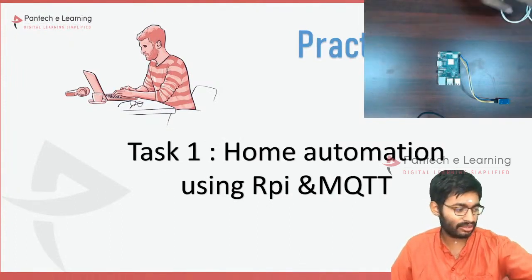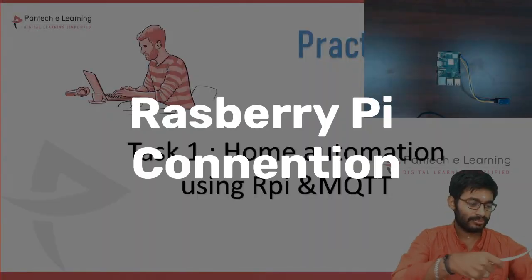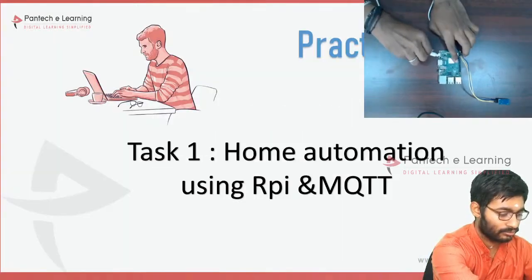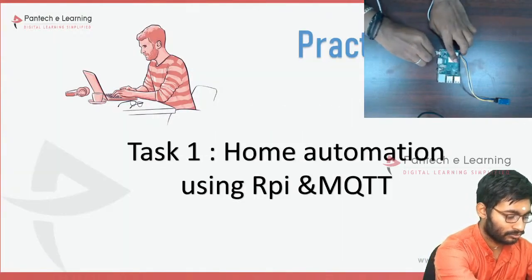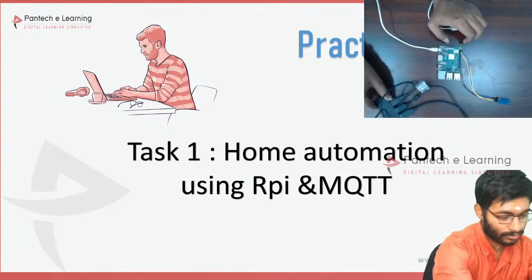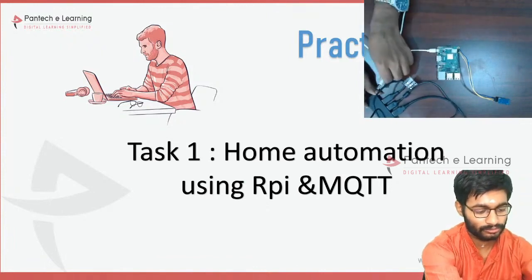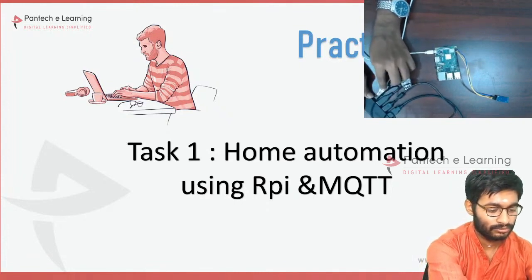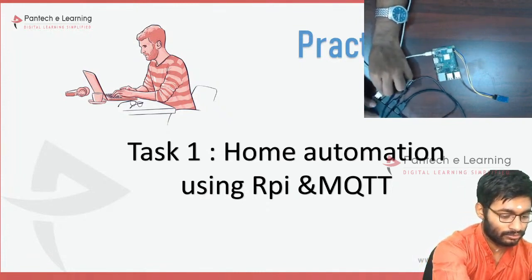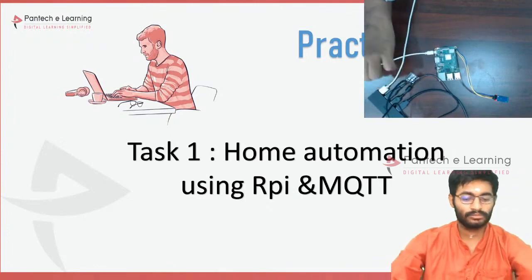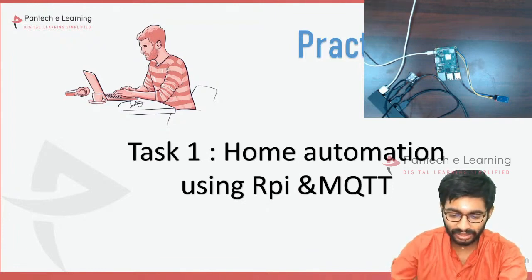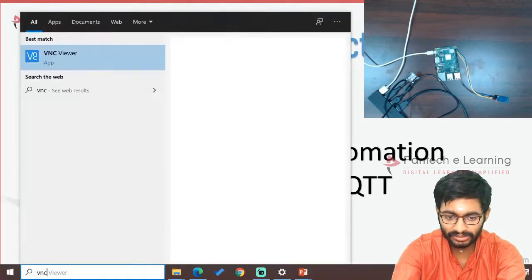here we have our Raspberry Pi. So let us provide a power supply to it. So now the Raspberry Pi is powered. Let it get connected to the Wi-Fi, and now we will access our VNC.